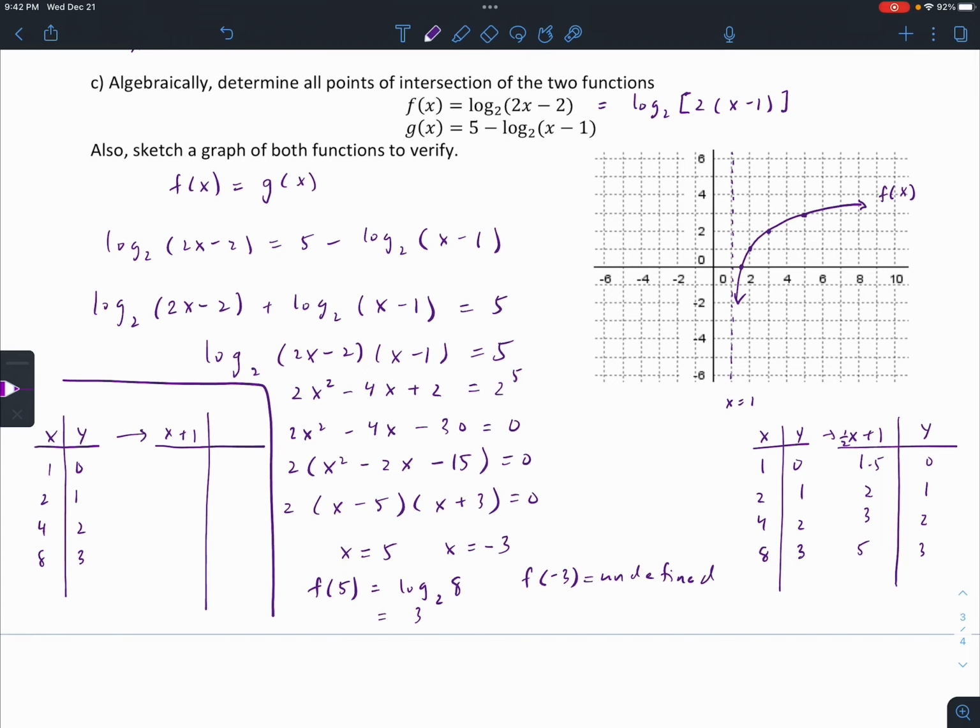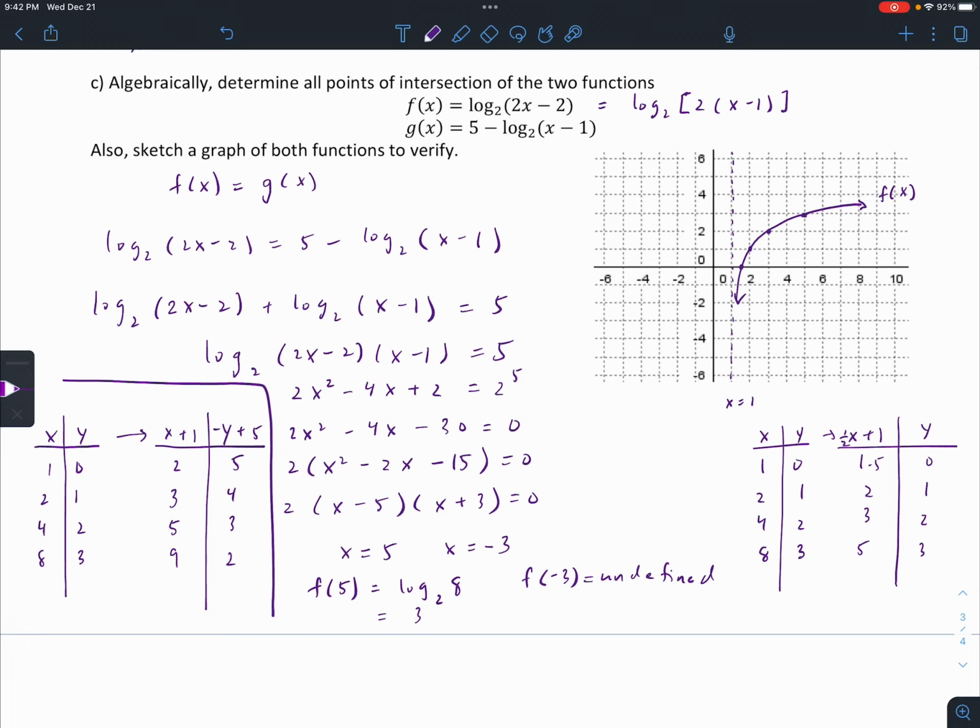And for the y's, negative y plus 5. So a value is negative 1, c value is 5. So that's going to be 2 and 5, 3 and 4, 5 and 3, 9 and 2.